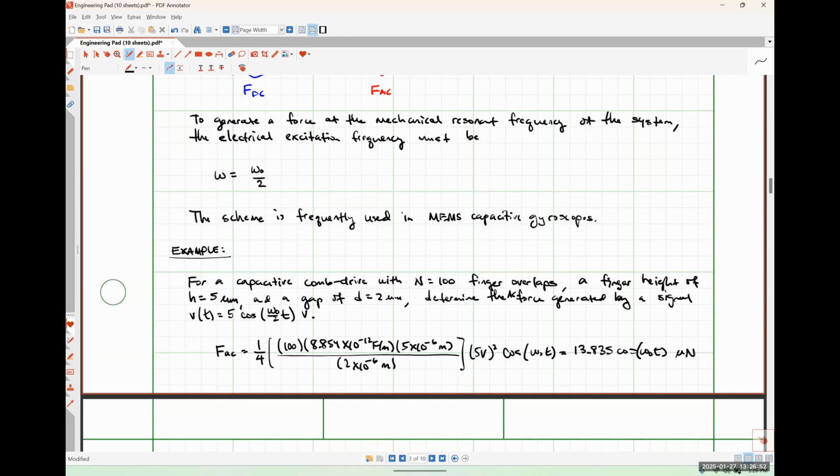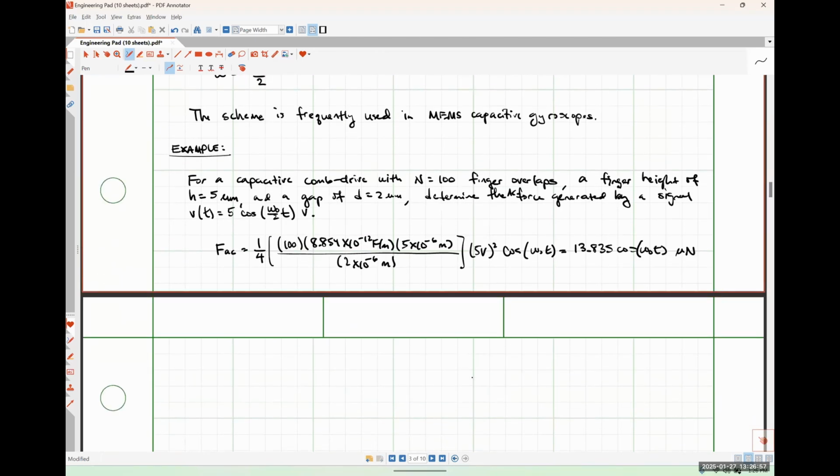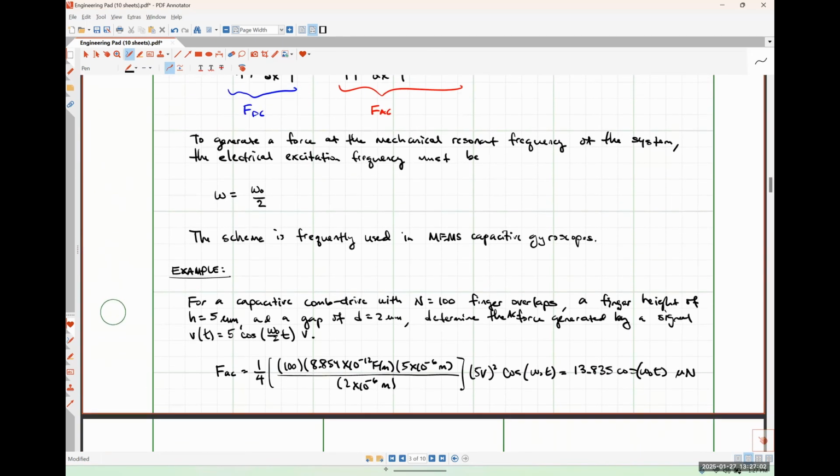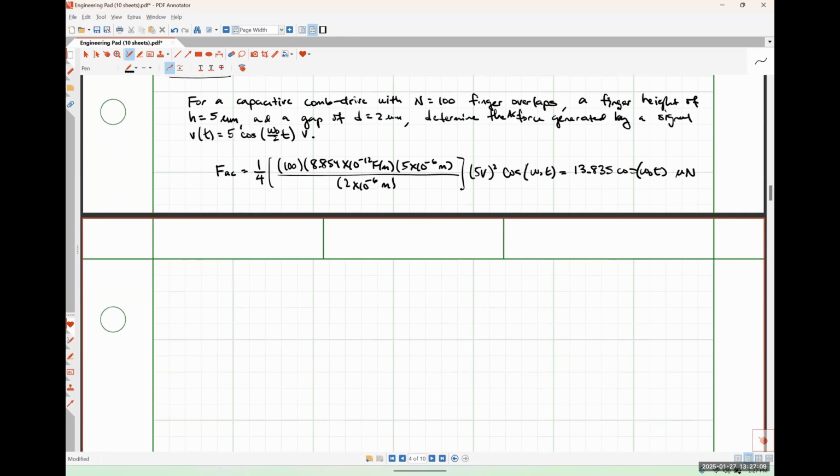Essentially, what would the DC portion be? You should be able to glean it right off of this. 13.835, exactly right. So when you do just this AC thing, your force is going to range from 0 all the way up to twice F naught, and it's going to oscillate back and forth, where the magnitude of F AC is the middle point.